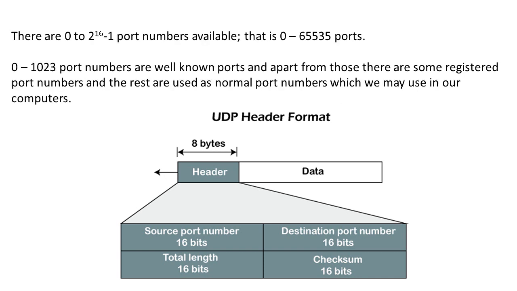There are 0 to 2 to the power 16 minus 1 port numbers available, that is 0 to 65,535 ports, and out of those, 0 to 1023 are well-known ports, and apart from those there are some registered port numbers, and the rest are used as normal port numbers which we may use in our computers.